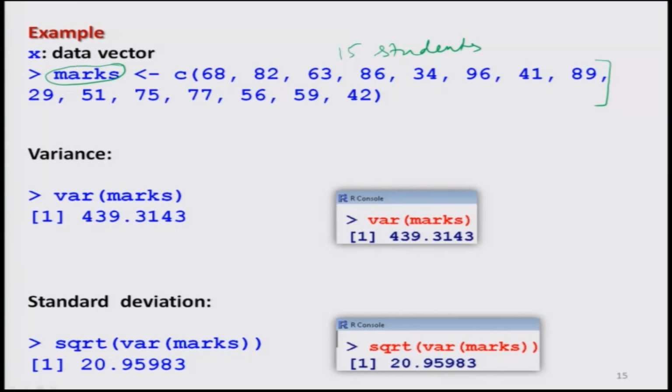If I want to find the variance of marks, I simply write VAR, with marks as the argument, and as soon as you enter it you get this value. Similarly, if you want the standard deviation, you simply take the square root of this value, and as soon as you operate this function you get the value 20.95, and here is the screenshot of the operation.